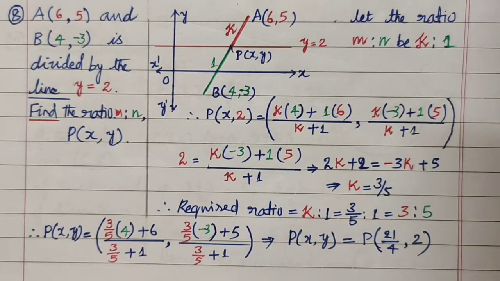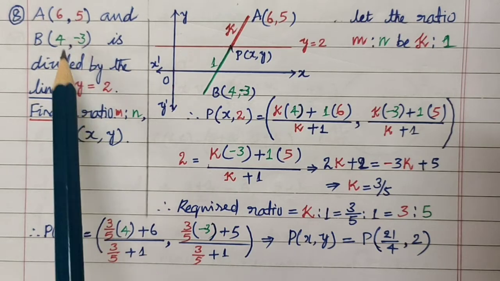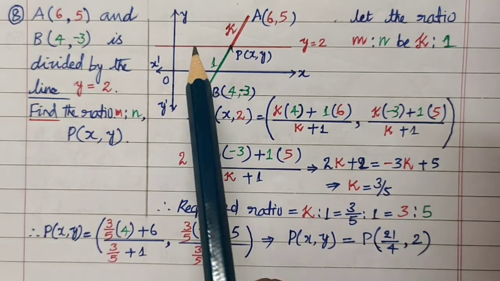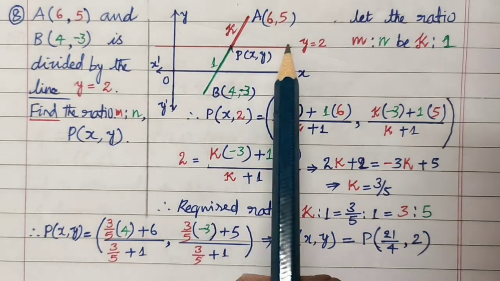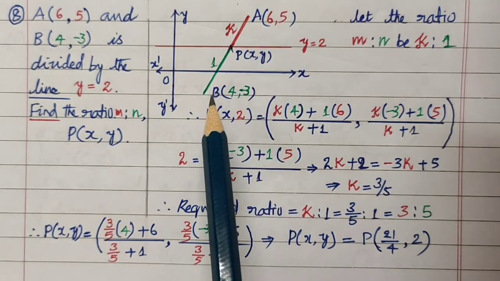Find the ratio in which the line joining A(6, 5) and B(4, -3) is divided by the line y = 2. Also find the coordinates of the point of intersection. This is the line which divides the line AB.